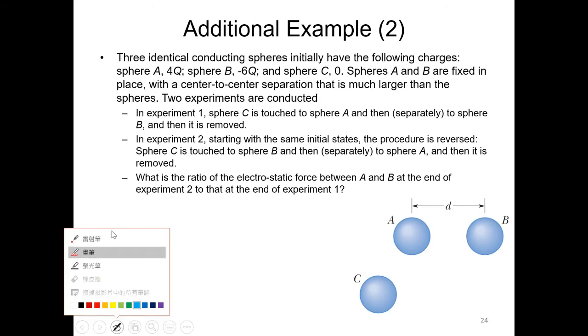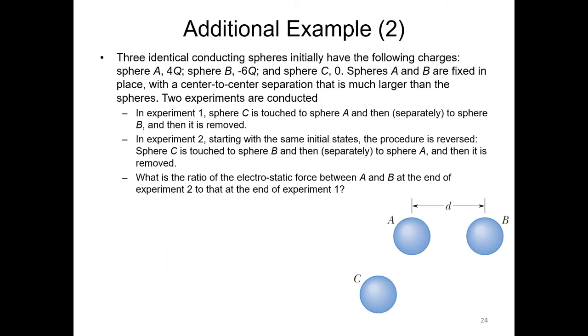So let's come to the next one. Three identical conducting spheres initially have the following charges. A is 4Q, B is minus 6Q, C is 0. A and B are fixed in place with a center-to-center separation that is much larger than the sphere. There are 2 experiments.